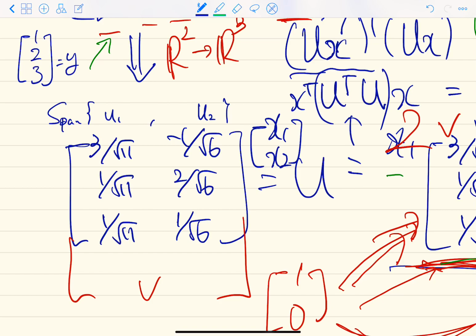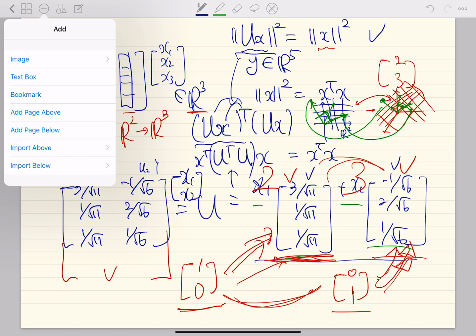What's the orthogonal projection of this y onto the subspace W spanned by these two orthonormal basis vectors? Basically the projection of y onto subspace W, denoted as y hat, will be represented as a linear combination of these two basis vectors.